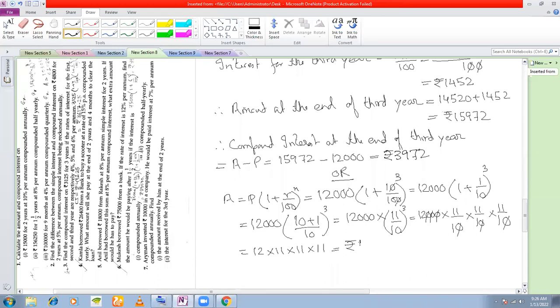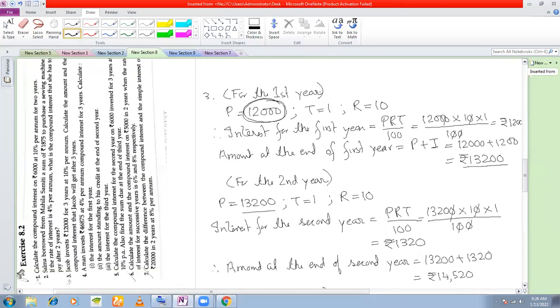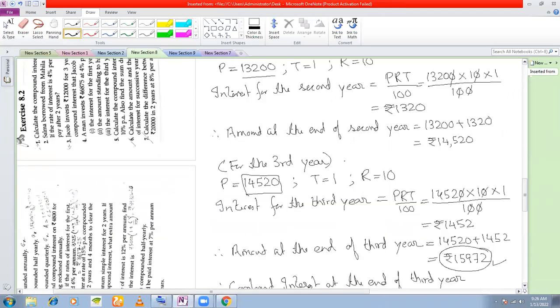Okay, so here when we are using the compound interest formula, you're getting 12 into 11 into 11 into 11, which if you multiply, you will get 15,972. To arrive at this figure when you are using the simple interest formula, we had to calculate the interest for the first year, for the second year, and for the third year, and then we got the amount, right?